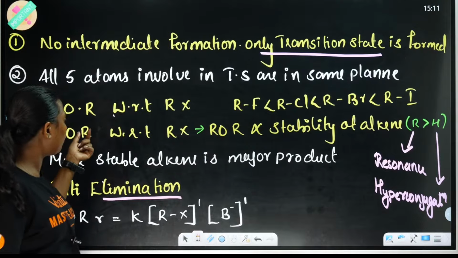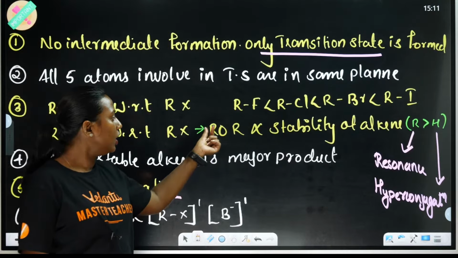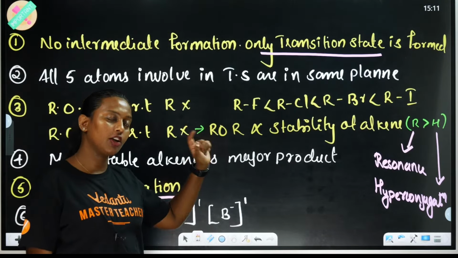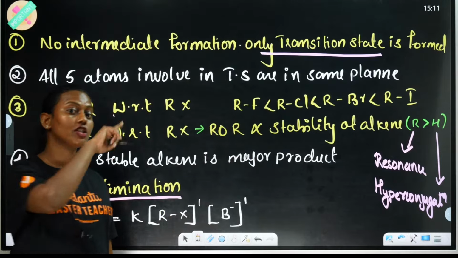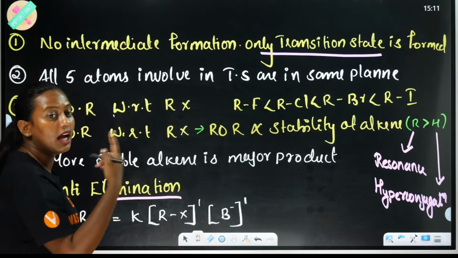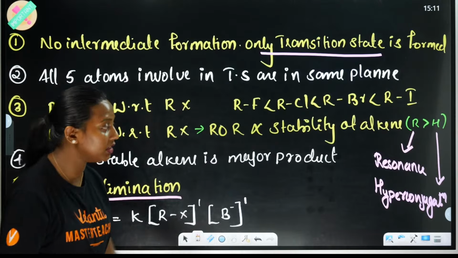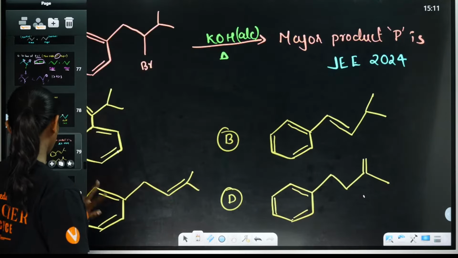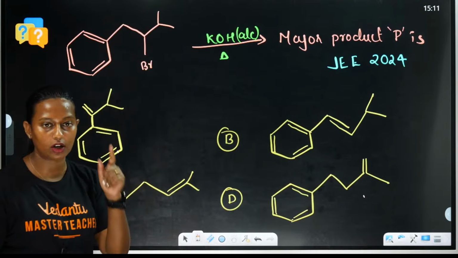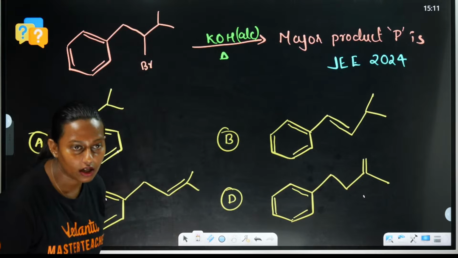Rate of reaction is directly proportional to stability of alkene. So resonance is more stable than hyperconjugation. Keep that point in mind.